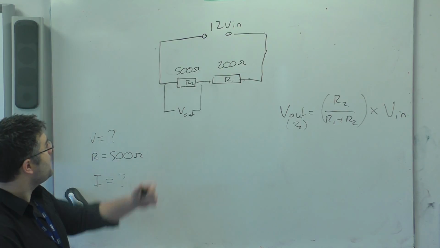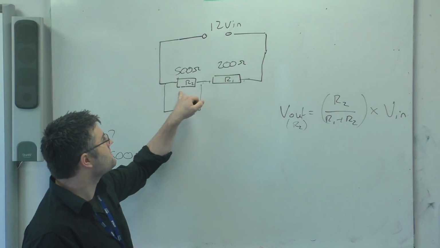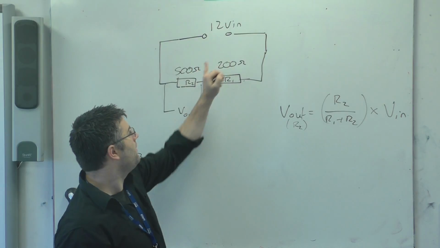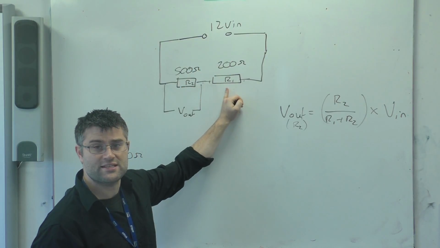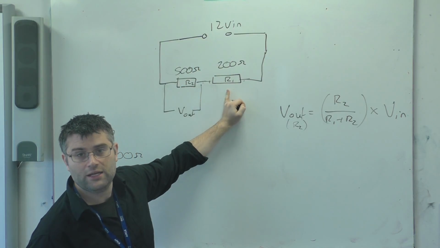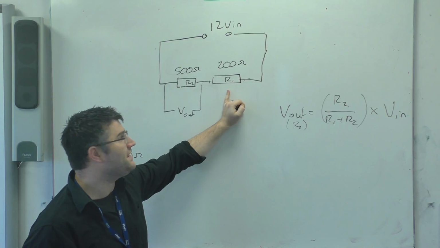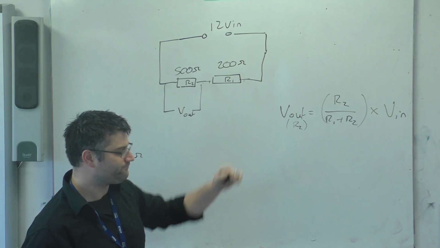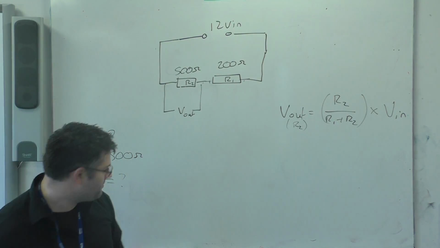Yes, there is. So what we've got here is a situation where I know that I've got 12 volts in. I've got two resistors in this circuit. I can work out what the current in this entire circuit is. How do I do that?